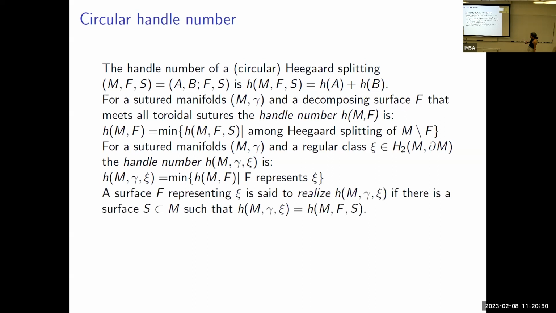We say that a surface representing the second homology class realizes the handle number if there is a Heegaard surface so that this Heegaard splitting attains this.